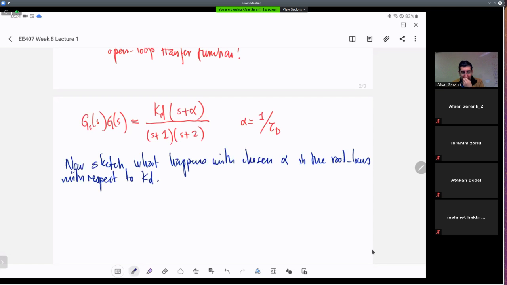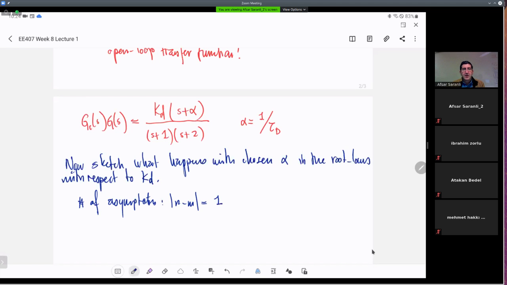Okay. Now let's take a look at number of asymptotes. Our usual procedure, right? We have n minus m absolute value. Here I have two poles and 1 zero. Therefore, I have one asymptote.